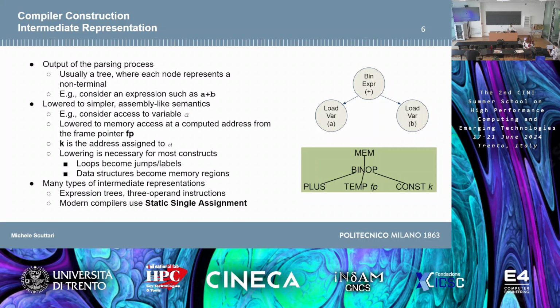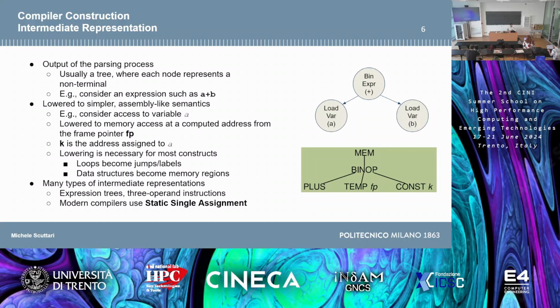However, the load is not, because reading the value of a can be something different depending on where in memory a resides. If a is in main memory, let's say it's an automatic variable, then the translation is what we see here. So it's an access in memory with a binary operator that performs the sum of the base pointer, which will be the frame pointer in this case, plus a constant offset k.